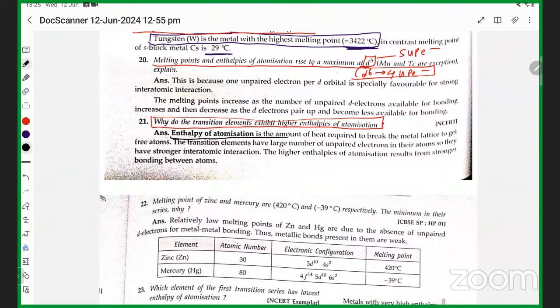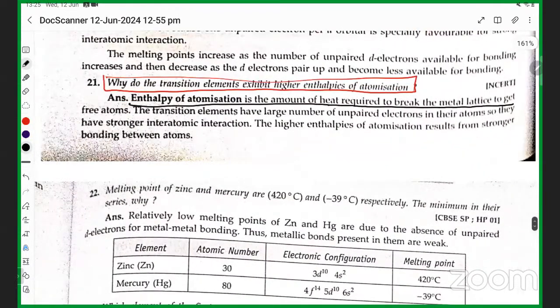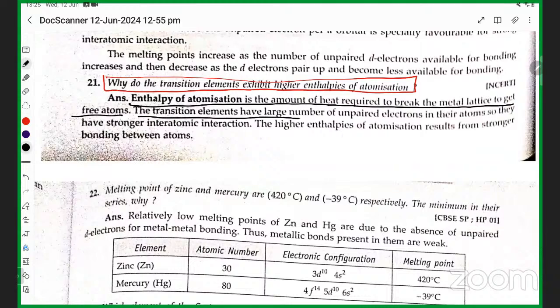Enthalpy of atomization is the amount of heat required to break the metal lattice to get free atoms. Transition elements have a large number of unpaired electrons in their atoms, so they have stronger interatomic bonds.